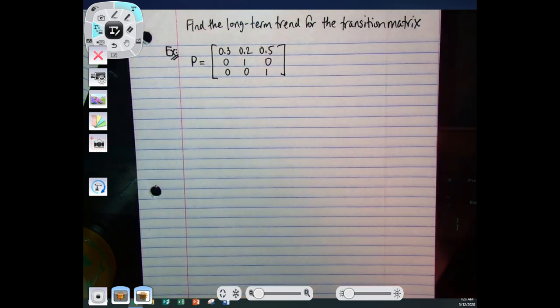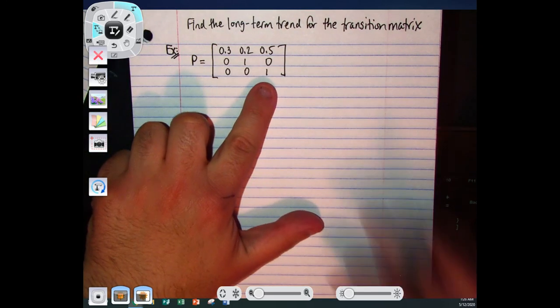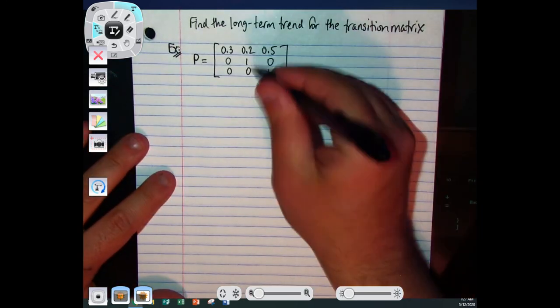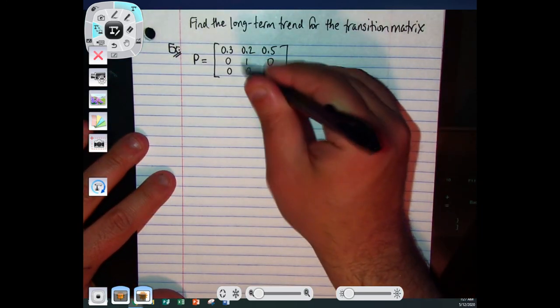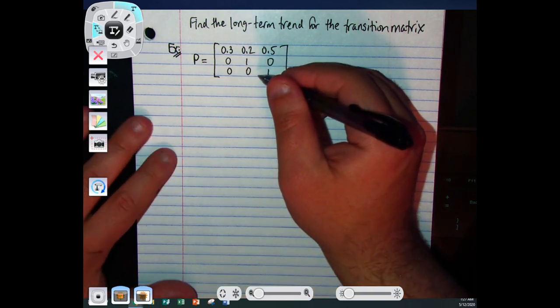Okay, so first things first, what we're going to do is take this matrix and rewrite it in this form here. So notice that in the bottom right-hand corner of the matrix, we have an identity matrix that's 2 by 2.